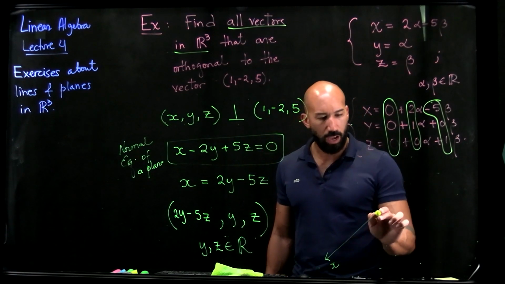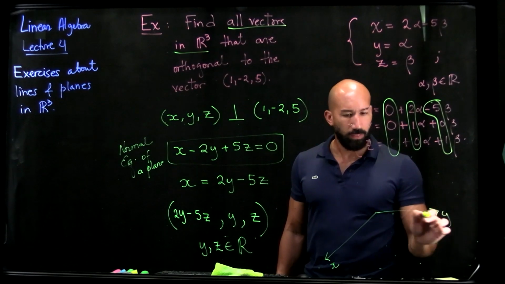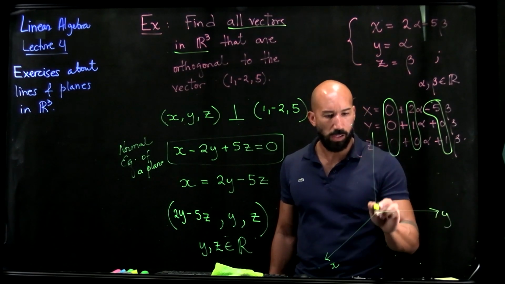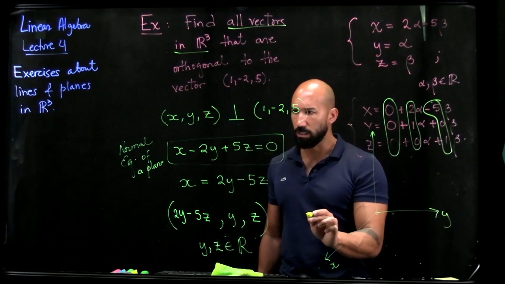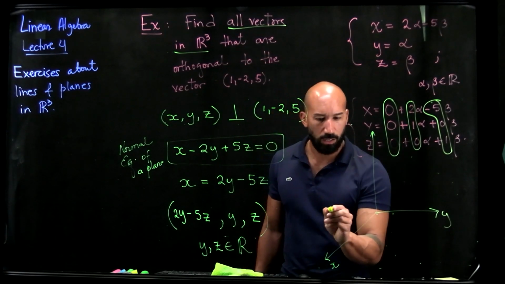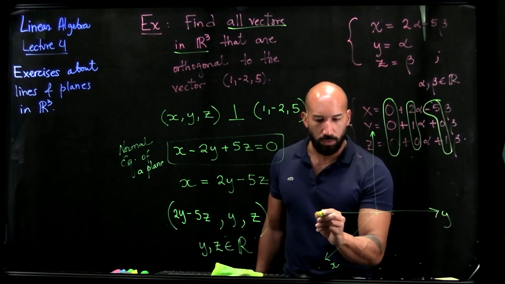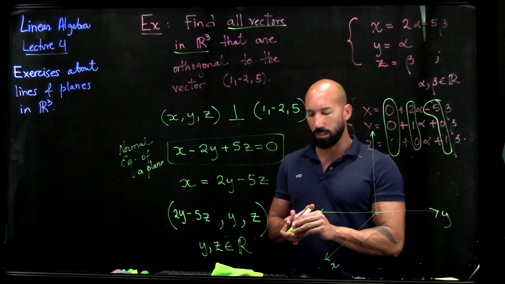So basically what we have is the following. If this is x, this is y, and this is z, I'm going to represent here my given vector.